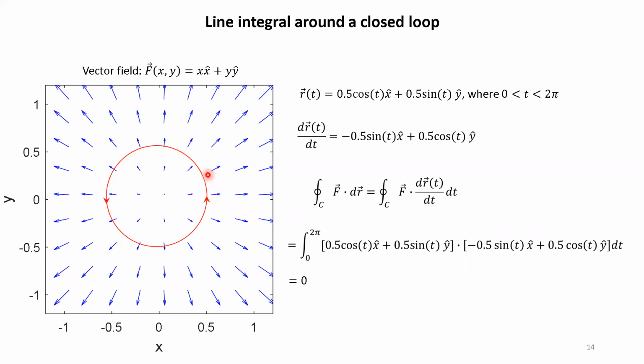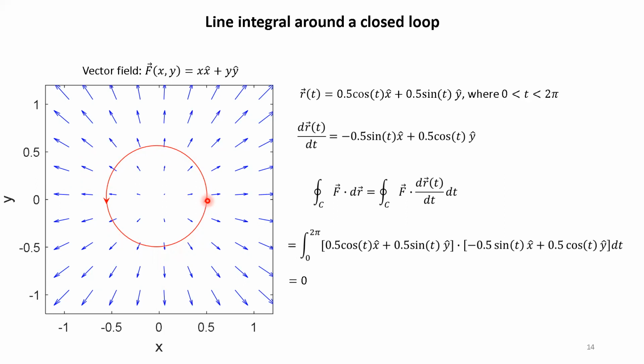You might think about why that is the case. I'm talking about the work done. You have a particle that goes around this loop, and you can see that all the vectors at any point are always pointing perpendicular to the circle. So if you ask for the line integral, or the work done, around this closed loop, it's not surprising that you get a 0 result.